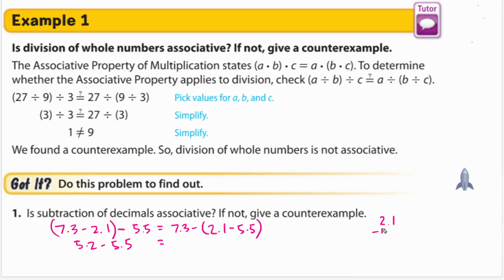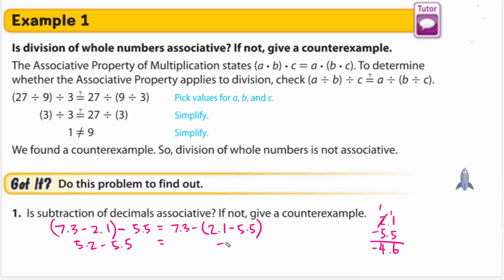2.1 minus 5.5. 11 minus 5 is 6. 1 minus 5 is negative 4. So negative 4.6, is that right? Yeah, okay.